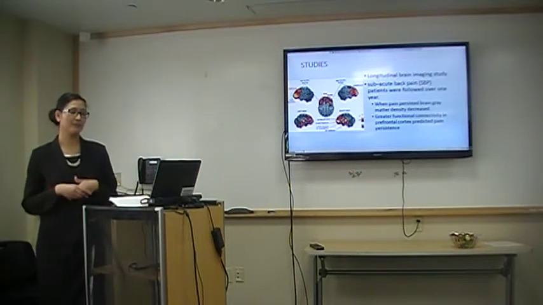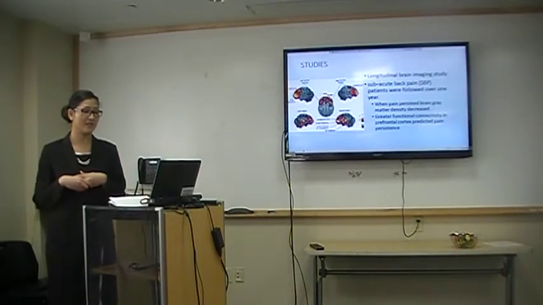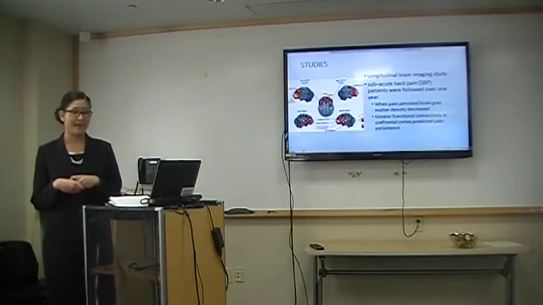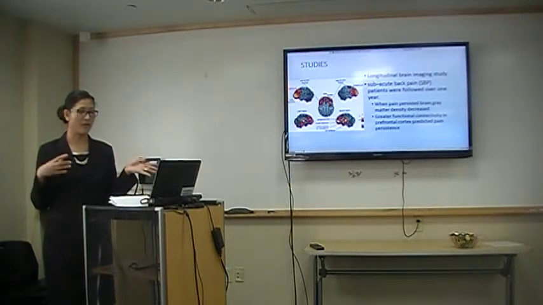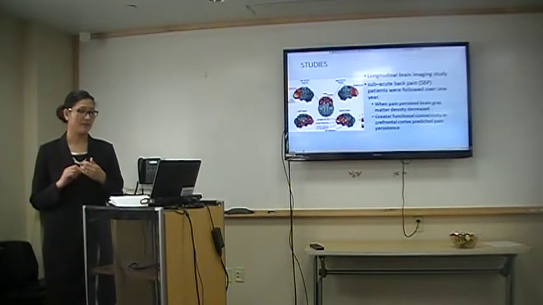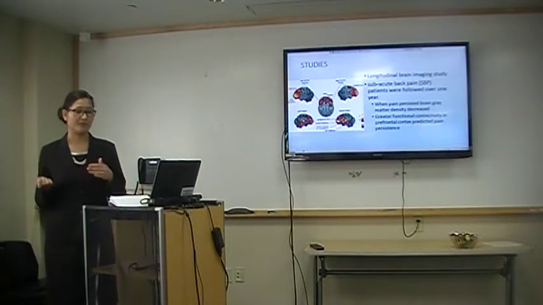They did a longitudinal brain imaging study in subacute back pain patients. They were followed for over 1 year, and they found that when pain persisted, the gray matter density decreased. Greater functional connectivity in the prefrontal cortex predicted pain persistence.